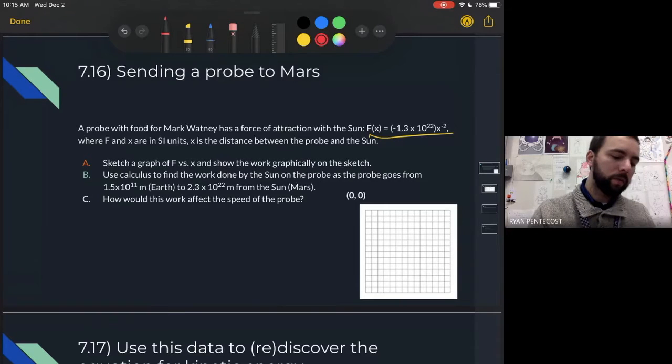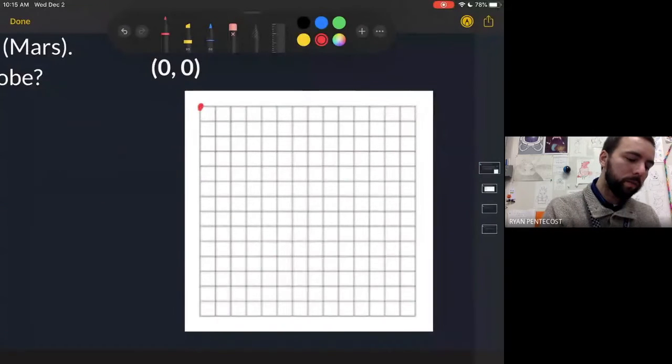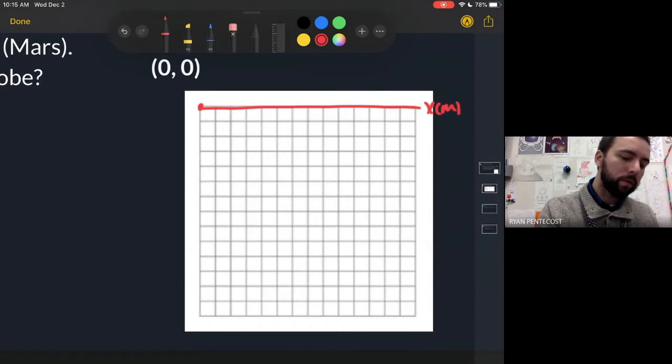Well, what we'll do here. So the 0, 0 is up here. This is the origin. Okay. This is F versus x. So this is x in meters. And this is force in newtons.